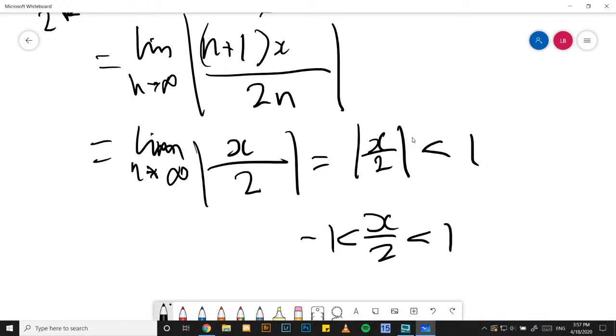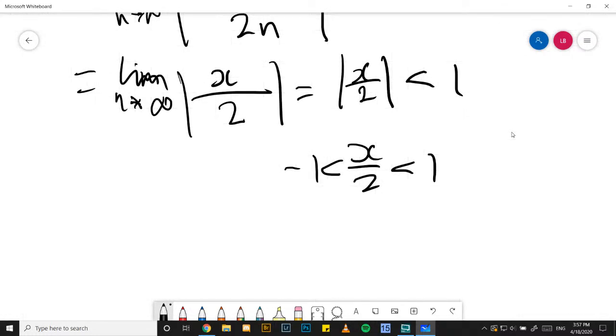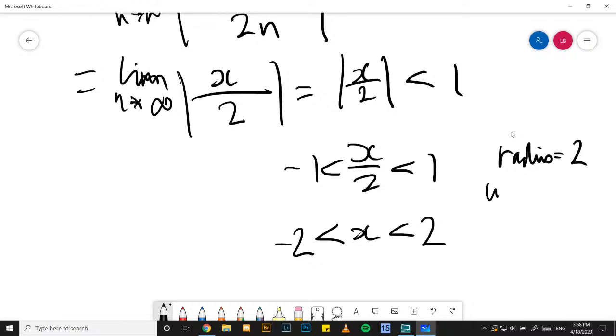So you're inside negative 1 and 1. Now if you multiply everything by 2, x needs to be between negative 2 and 2. So your radius is equal to 2, and your interval is negative 2 to 2.